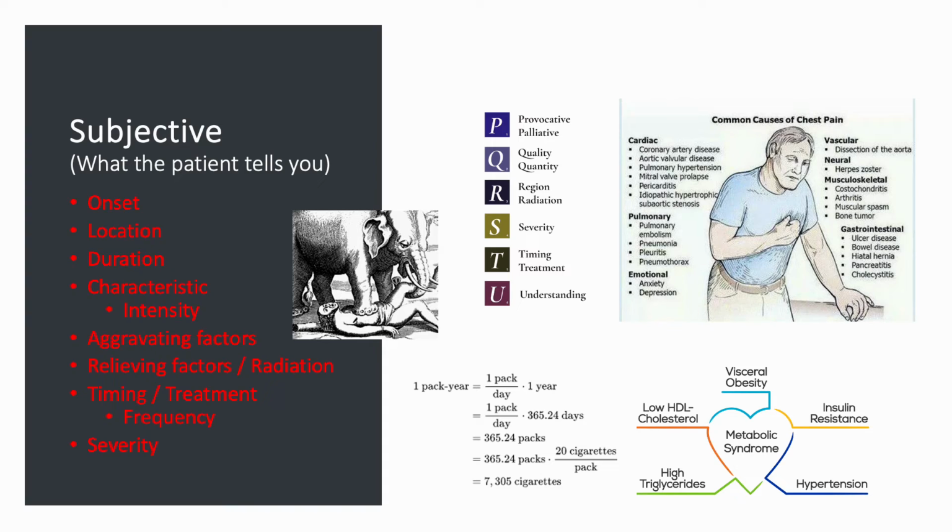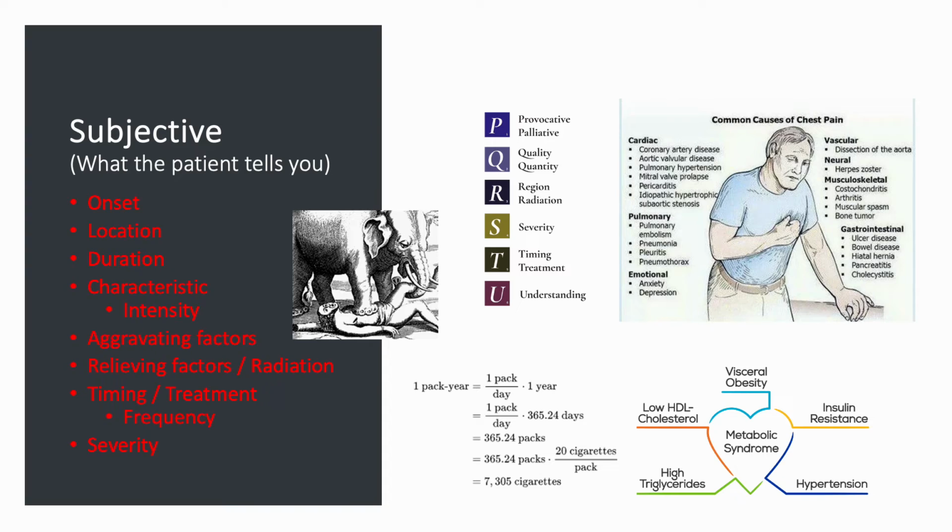I'm going to ask very directed questions about smoking. If they say yes, I want to know how many packs per day, because eventually I need to know how many pack years this patient has smoked. And you can use this formula to help you figure that out. So for example, 1 pack a day equals 365 days of smoking, right?